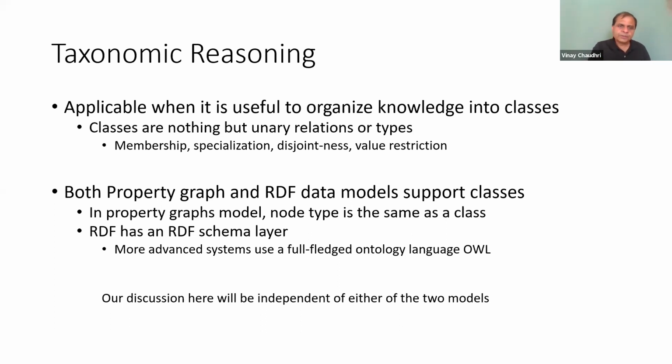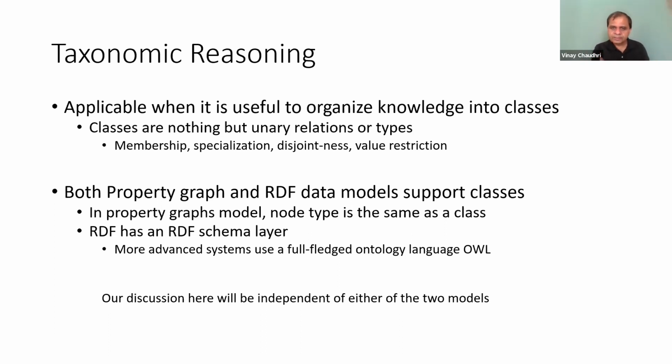And as I have previously noted, RDF is sort of the lowest representation layer in a sequence of languages. And they, in principle, could extend their basic representation to have a full-fledged ontology language or a rule language. But for the purpose of the discussion in this lecture, I've chosen to keep the discussion independent of these models.